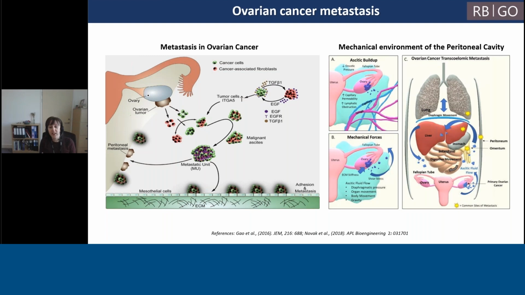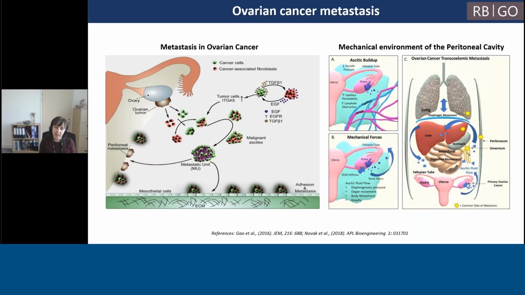We also have to understand that in the peritoneal cavity, these cellular aggregates are exposed to shear stresses, such as gastrointestinal movements, ascites buildup, and diaphragm movements.